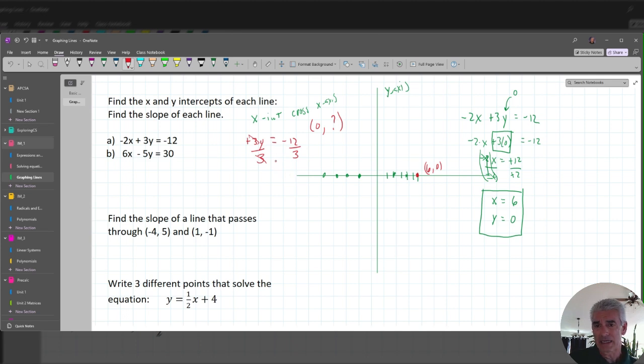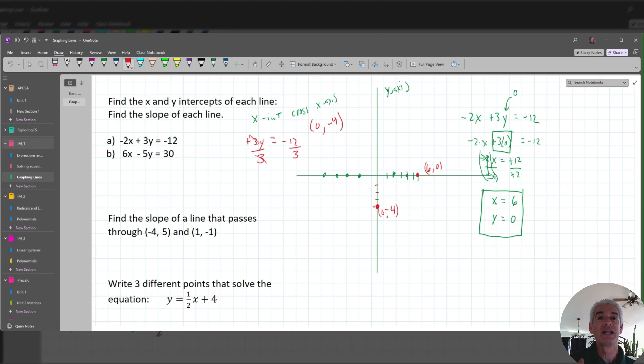So I get y equals negative 4. So another solution, perhaps the easiest other solution to find, was 0, negative 4. Okay, so 1, 2, 3, 4. I'm going down in the y direction, down to here. 0, negative 4 is another solution.